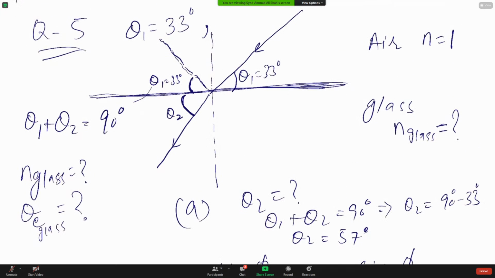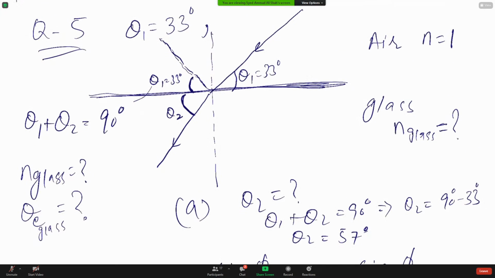Wouldn't it be 90 minus theta? Yeah, so that's your phi 1 and that's your phi 2. So basically it's the angle with the normal.